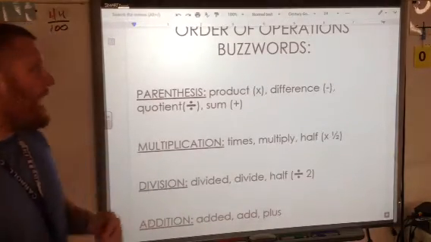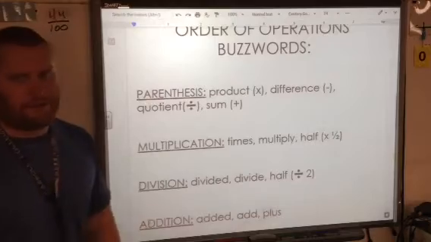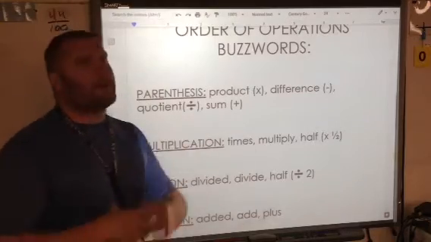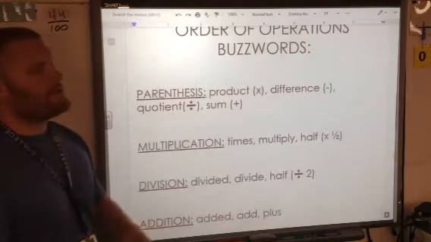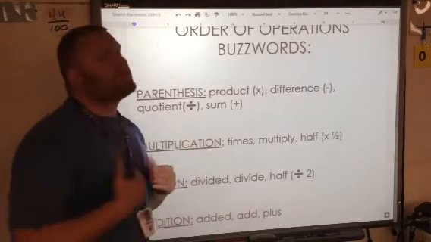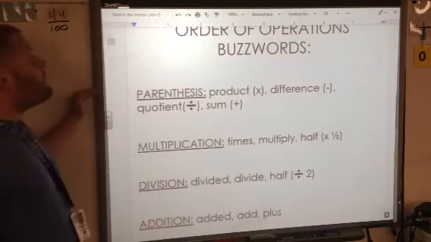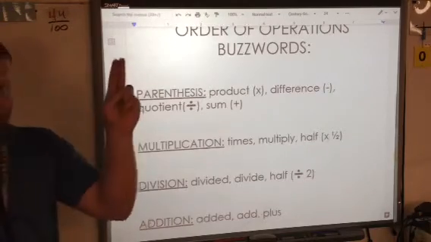So that indicates that there are parentheses. Whenever we hear product, we think result of multiplication; difference, result of subtraction; quotient is the result of division; and sum is the result of addition. So whenever we hear those words, we're thinking parentheses.